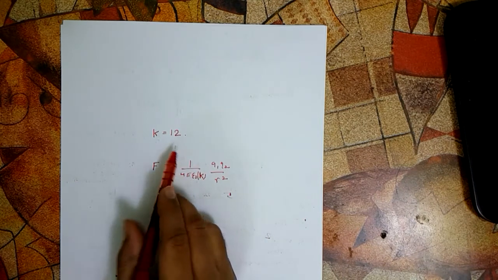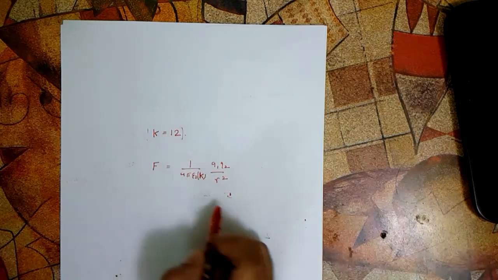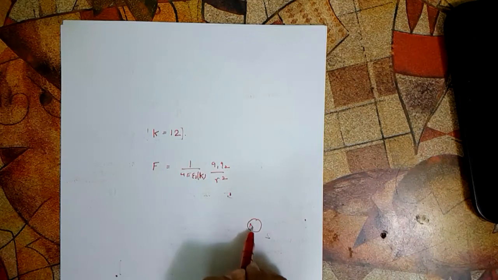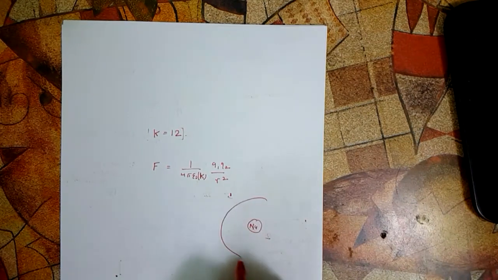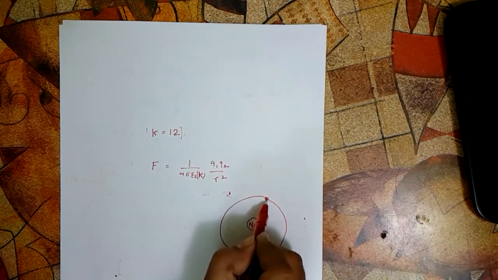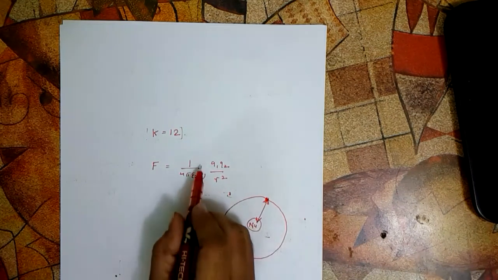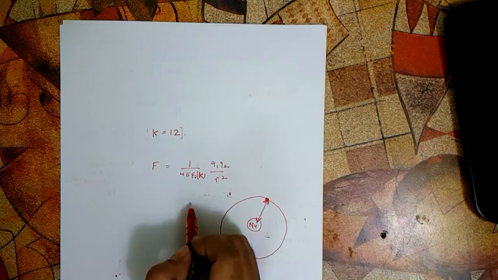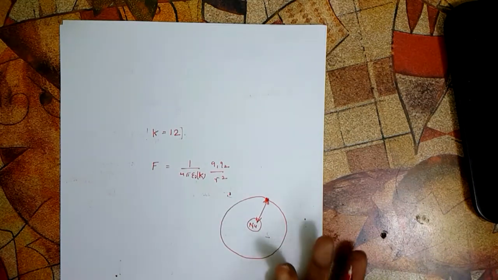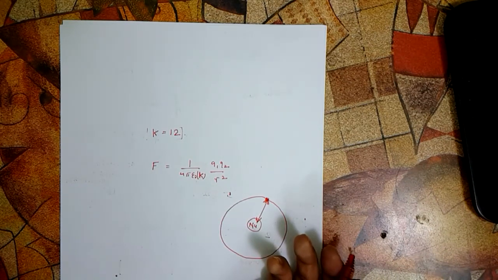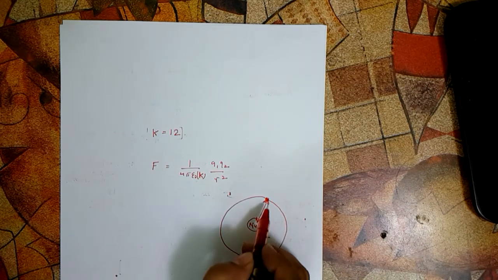Silicon being of dielectric constant 12, if we take this phosphorus nucleus and this last electron, the 5th electron in the valence shell, the attraction between them is decreased to 1 by 12 times, because the phosphorus atom is present in silicon. Because of this, this last electron is loosely attached.